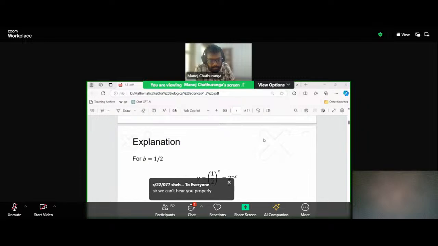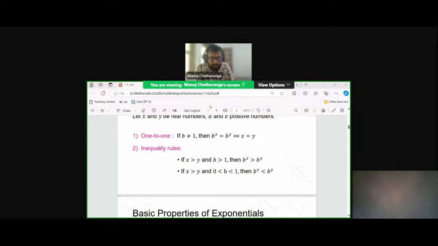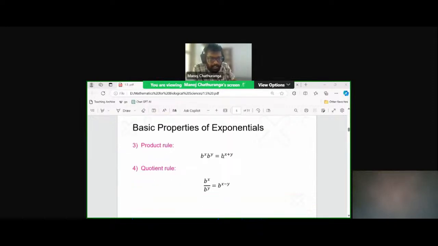Let me see. The first property is one-to-oneness. Then the product rule.